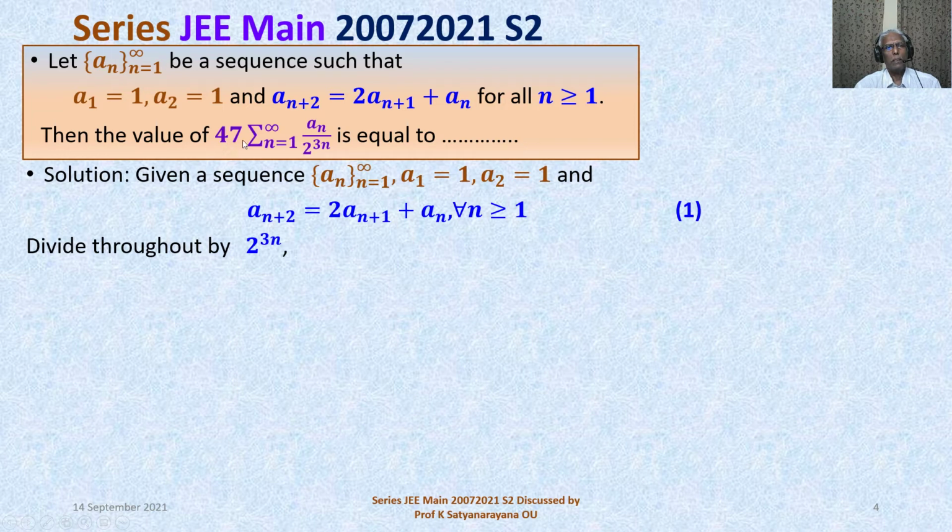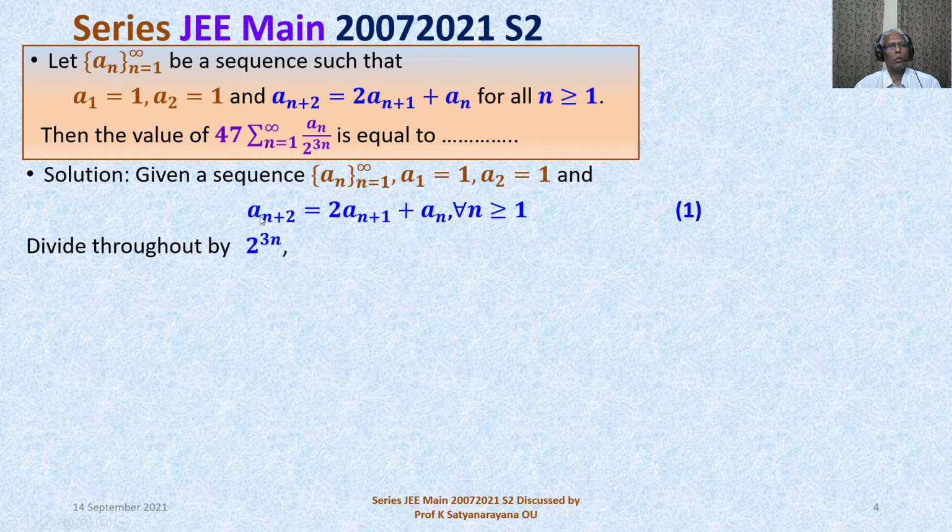We want 47 times sigma n equal to 1 to infinity a_n by 2 power 3n. So, I will divide throughout by 2 power 3n so that I will get a_n by 2 power 3n here.